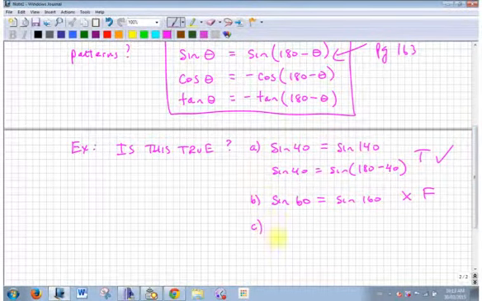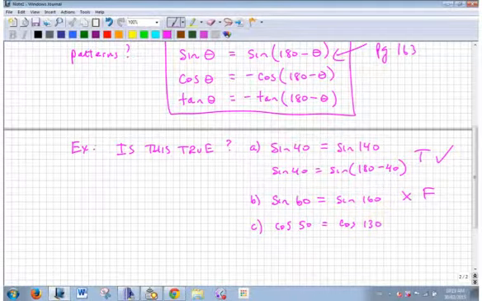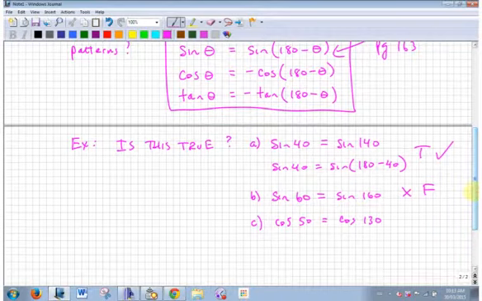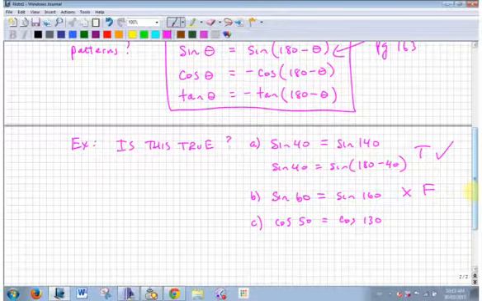Let's look at another one. Cosine 50. Okay, because sine's the easier one. Cosine's a little trickier. Cosine of 50, is that equal to cosine of 130? No, it's equal to negative cosine 130. Okay?